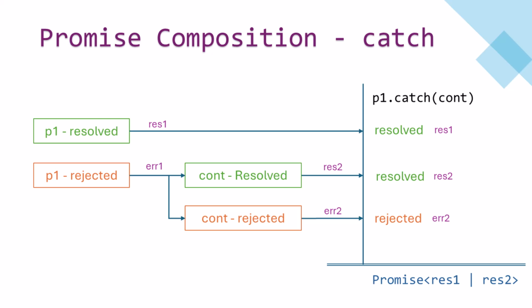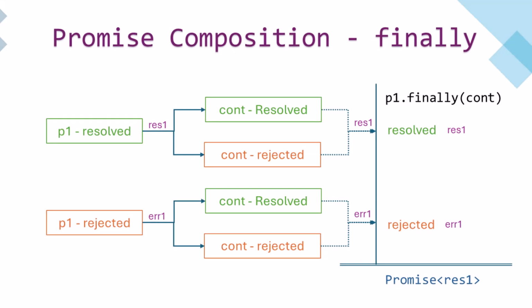If the original promise fails, then we'll continue with the continuation promise, and if that will succeed, we'll get its result, which is a string. That means that our successful results may either be numbers or strings. So that's the way catch behaves. The only way catch results in an error is if both the original and the continuation were rejected.